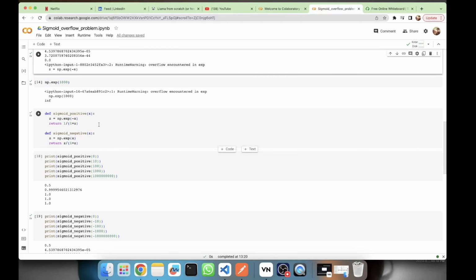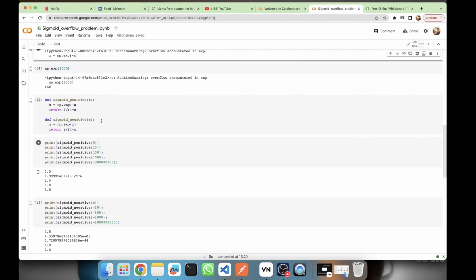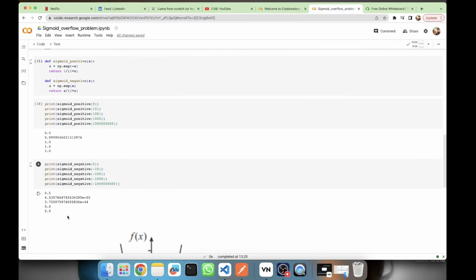These are the two implementations made here. As you can see, whenever you pass any very high positive value to the sigmoid positive function, it doesn't throw an overflow error. But if you pass a very high negative value to the sigmoid positive, it will give you an overflow error. So we'll be passing negative values only to this sigmoid negative function, and as you can see, you are not getting any error here.